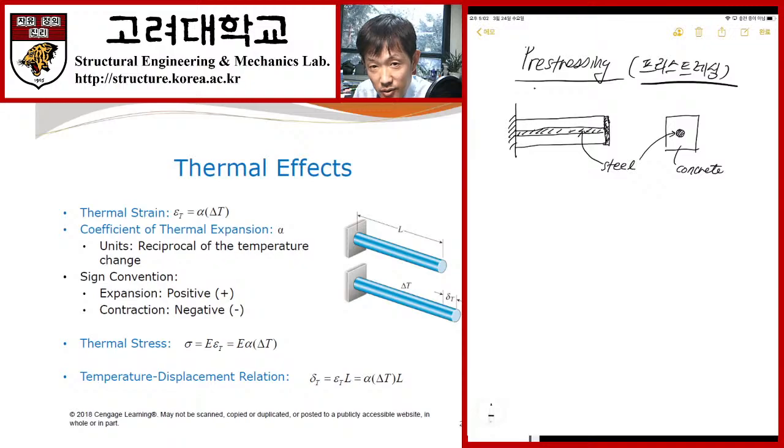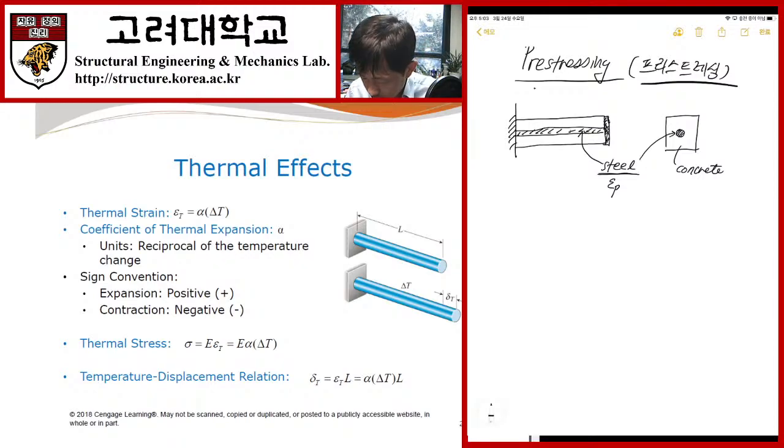Okay, so what we want to do is a very interesting job here. In the steel, we introduce a negative strain in advance, epsilon p.